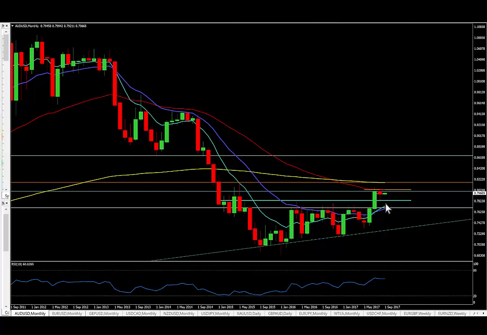We've also got the 10 and the 20 EMAs coming up underneath, which effectively will be lending support in the very near future as well, which, as we know, generally price action likes to pull back into its EMAs and then make another move. So theoretically we have got price action which could be lining itself up for another attack of this level at 0.800.